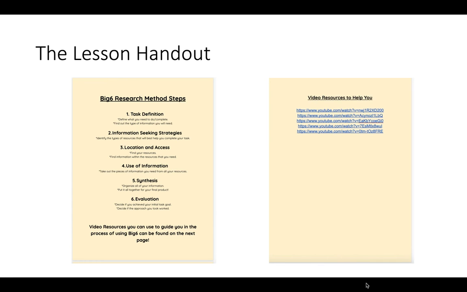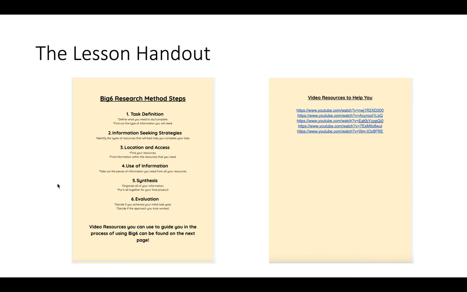Okay, so the very first thing you see on our screen is a paper that your teacher provided as a physical copy, but I did want to review the digital copy as well. On the first side of the paper, the front, you will see that I detailed the Big 6 steps for you, just in case you needed a quick reminder of what they're about.